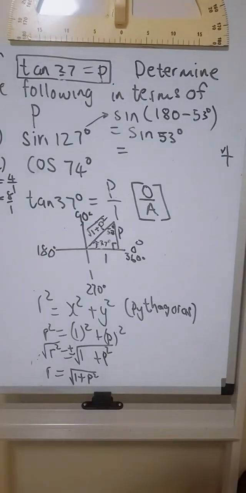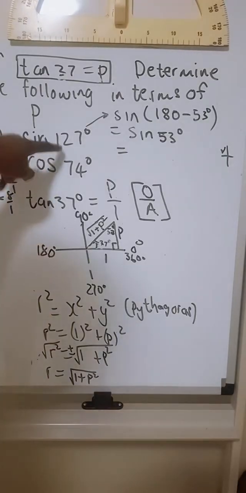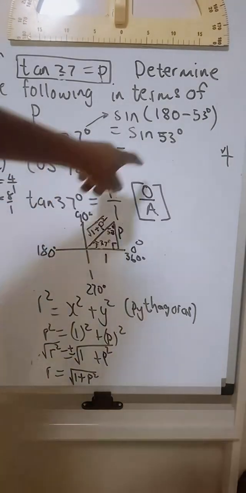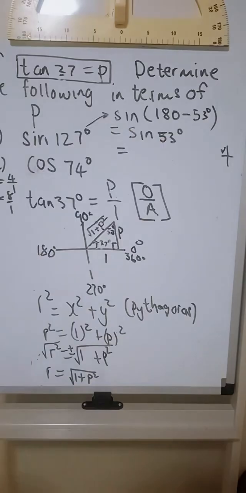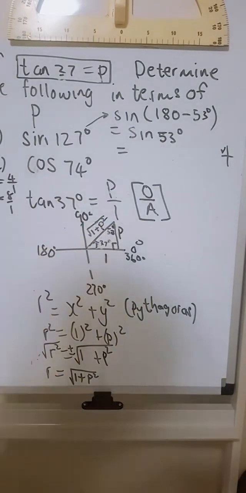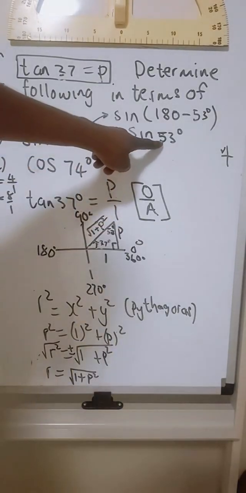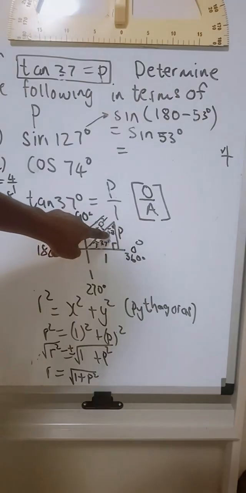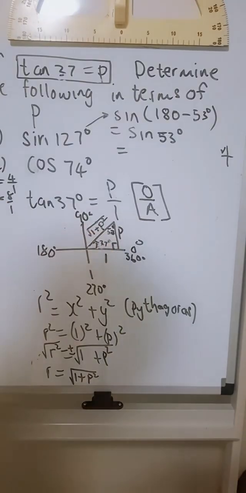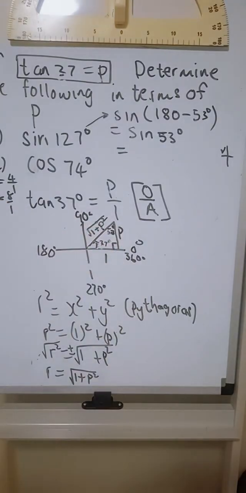Okay, so we've just reduced an obtuse angle to an acute angle, which is relevant for this right angle triangle. Now we can ask, where is 53 degrees in the diagram? You see the importance of filling in all the angles in our diagram.